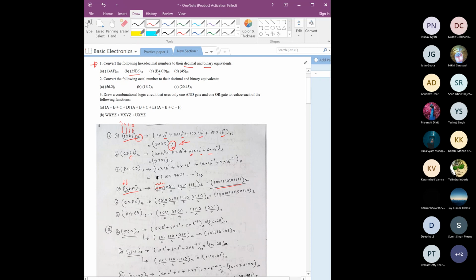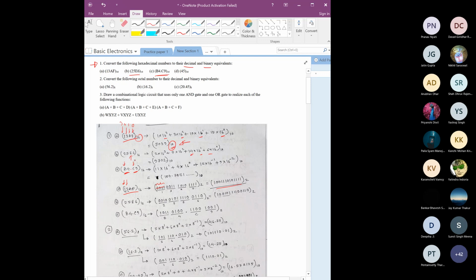The third one has a decimal point, so it is B4.C9. The rule is the same for this part. Here it is 11 into 16 to the power 1 plus 4 into 16 to the power 0. Here is the decimal point. After that come C and 9.